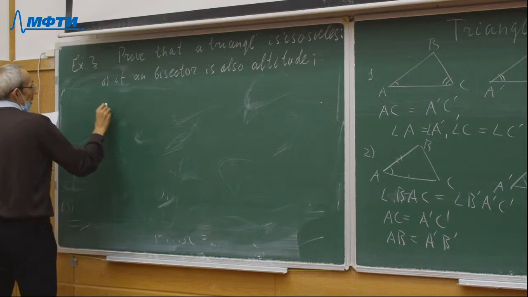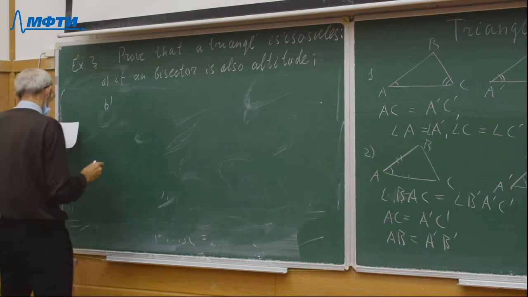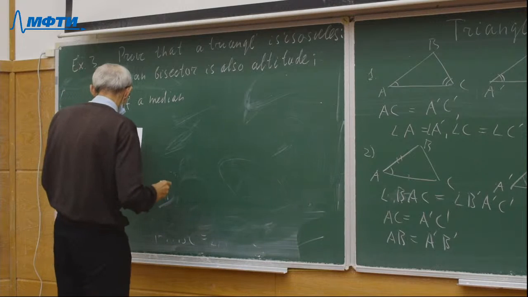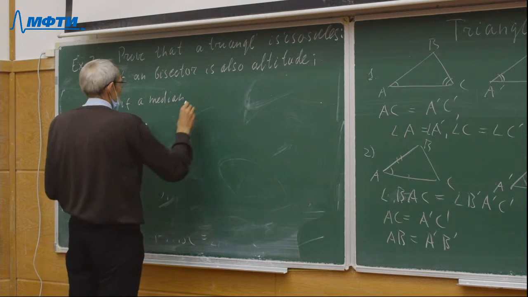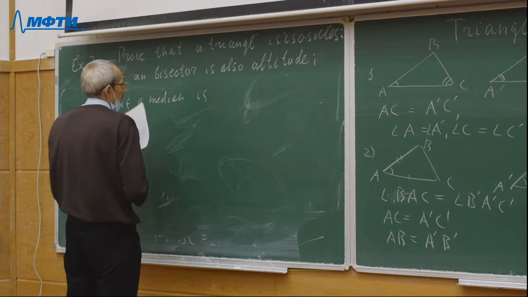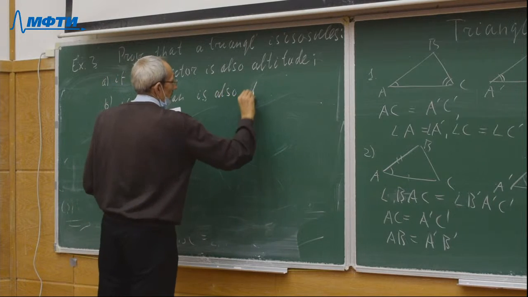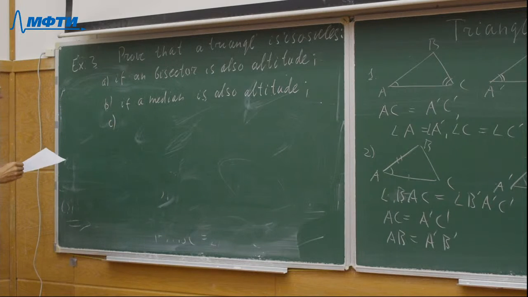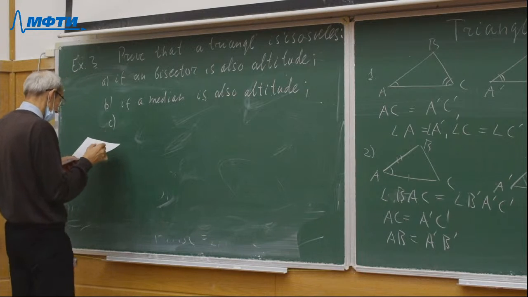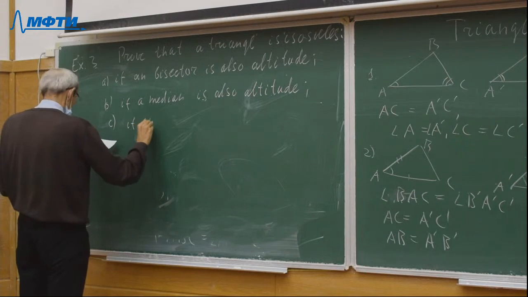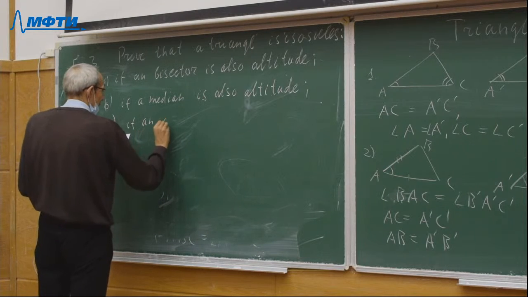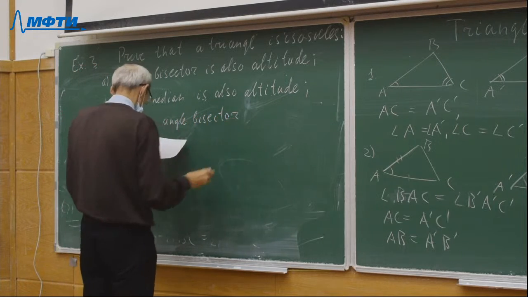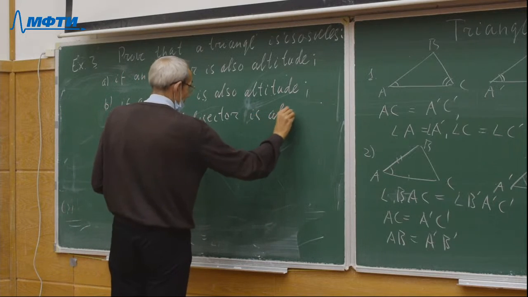First exercise B. If a median is also an altitude, and third exercise, if an angle bisector is also a median.